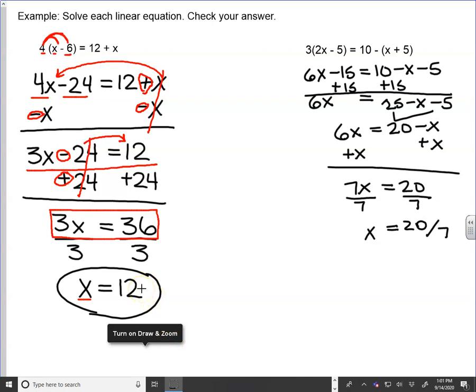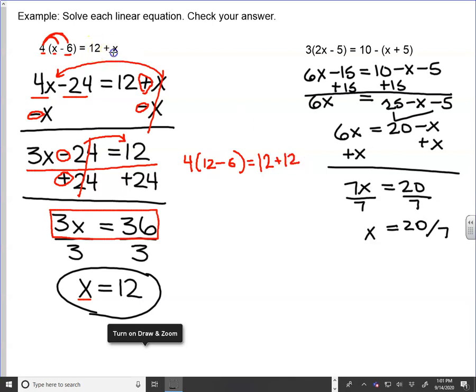And the nice thing about when we're doing these linear equations is we can always check our answer. So if I want to plug it in and see if I did it right, I would do 4 times 12 minus 6, right, should equal 12 plus 12, right?